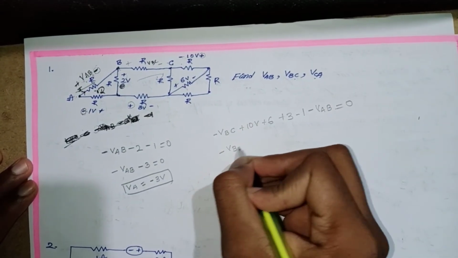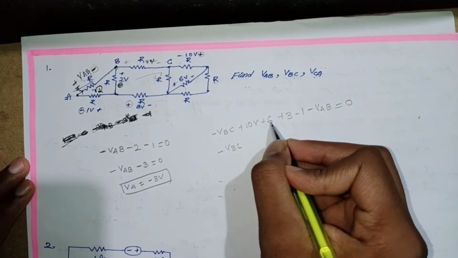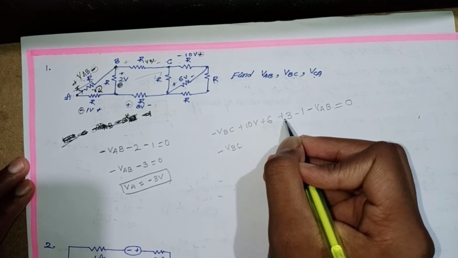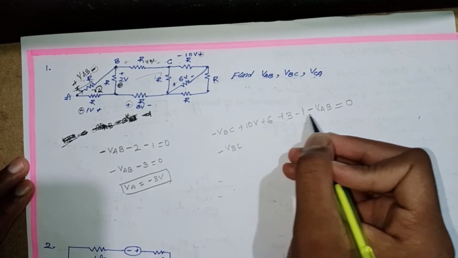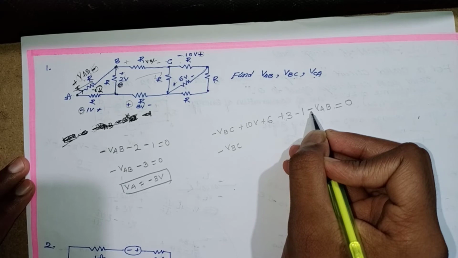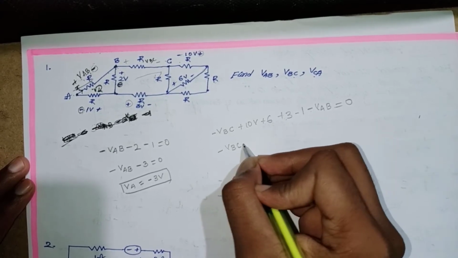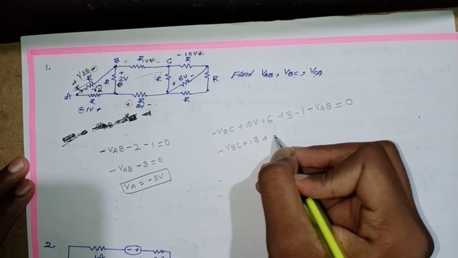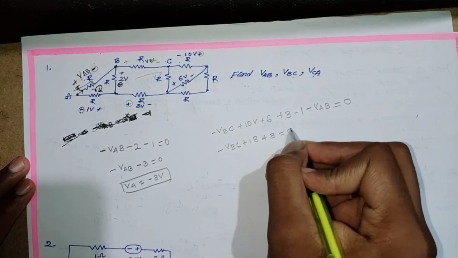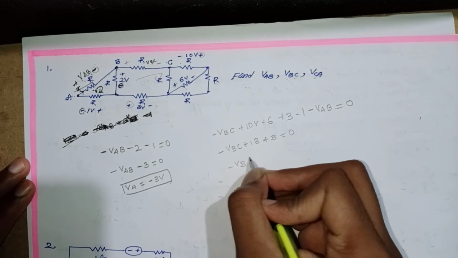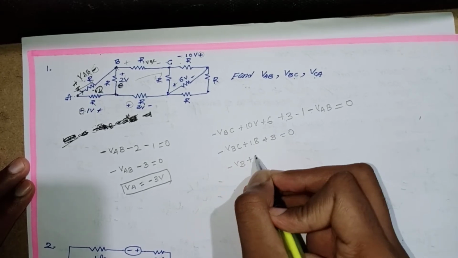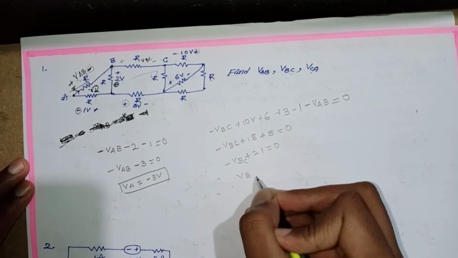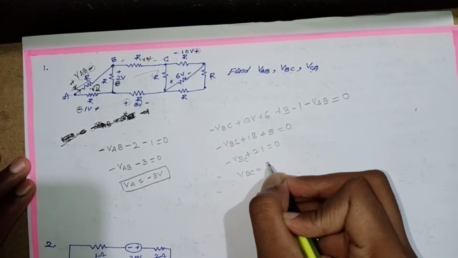Minus VBC, 10 plus 6 is 16, 16 plus 3 is 19, 19 minus 1 is 18, 18 minus of minus 3, that is plus 3, so 18 plus 3 is 21. Minus VBC plus 21 is equal to 0, so VBC is equal to 21 volt.